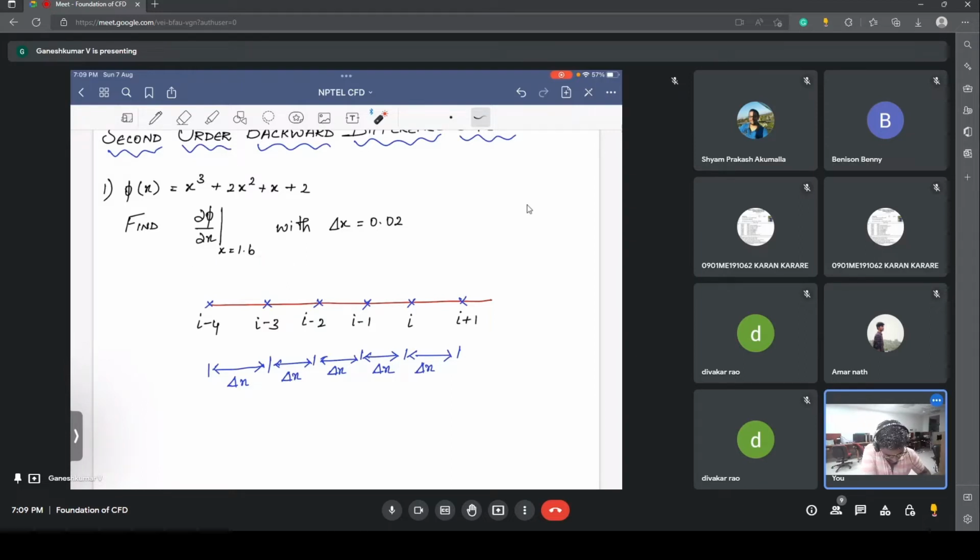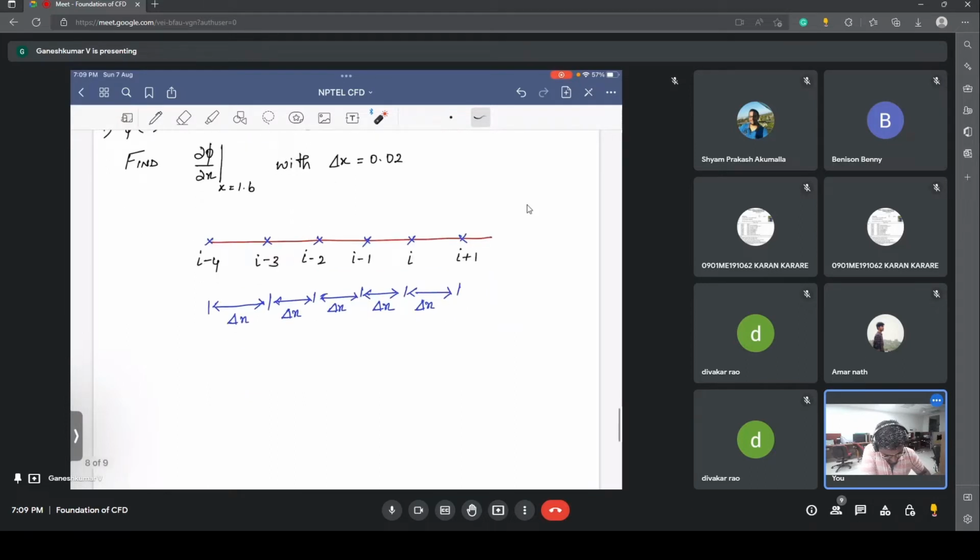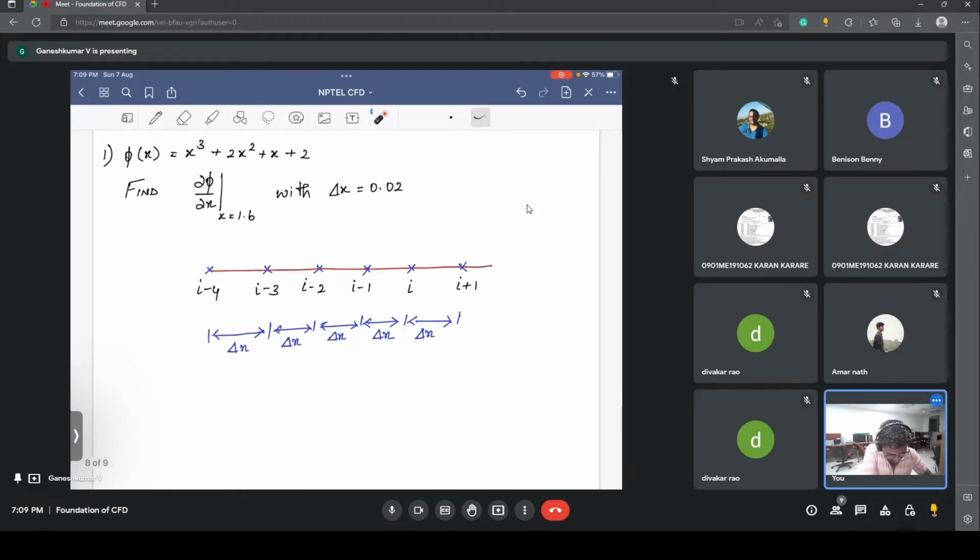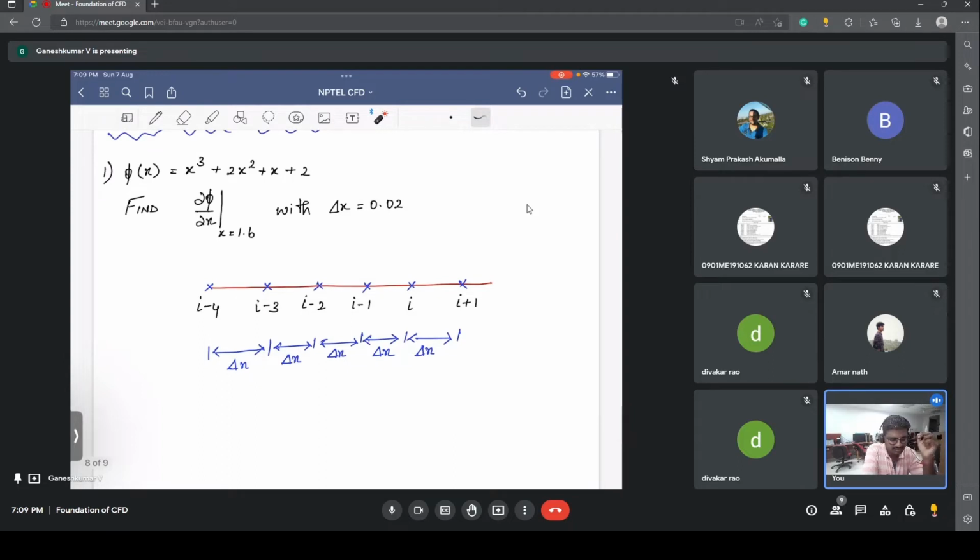So let's start. First, it is important to find a stencil. If you are developing a scheme, first you should understand how many nodal points you are going to take to approximate a derivative.